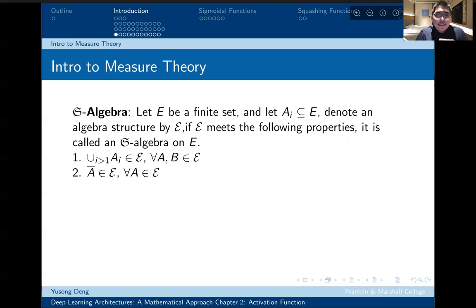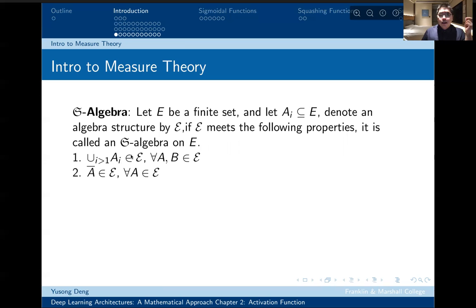So what is a sigma algebra structure? Let E be a finite set, and A_i be subsets of E. So we have an algebra structure. We call it epsilon here. Actually, this is capital E, but I call it epsilon. And if epsilon meets the following properties, it is called a sigma algebra on E. So what does that mean? The two properties are, first of all, it is closed under union.